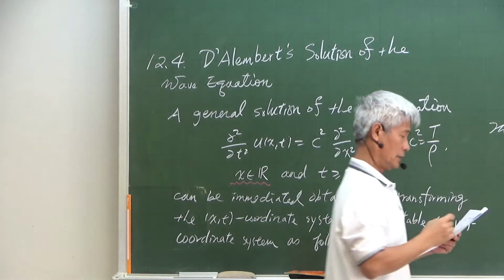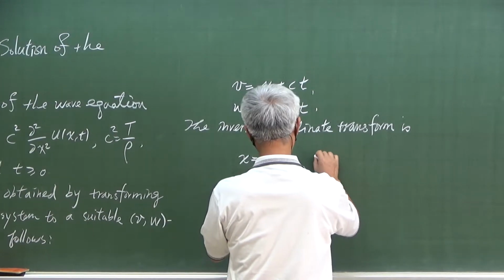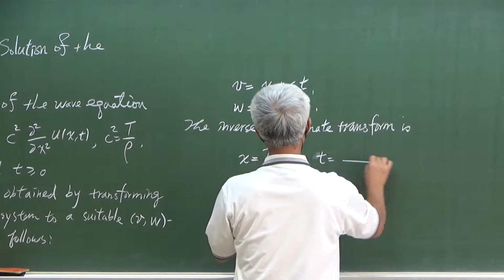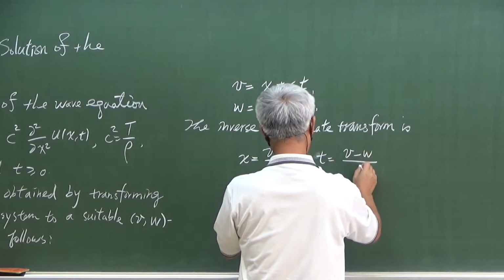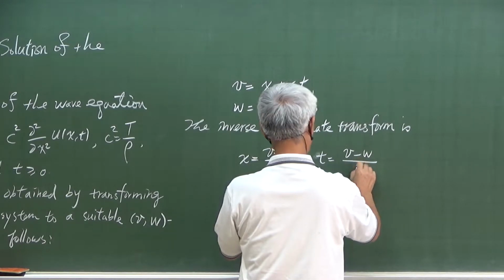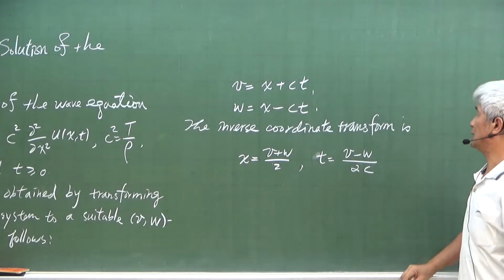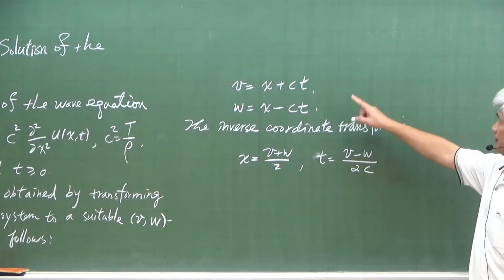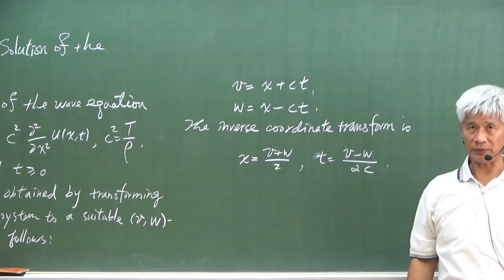So x is just half of the sum of v and w, and t is just half of the difference, also divided by c. So we have the coordinate transformation and the inverse coordinate transformation.